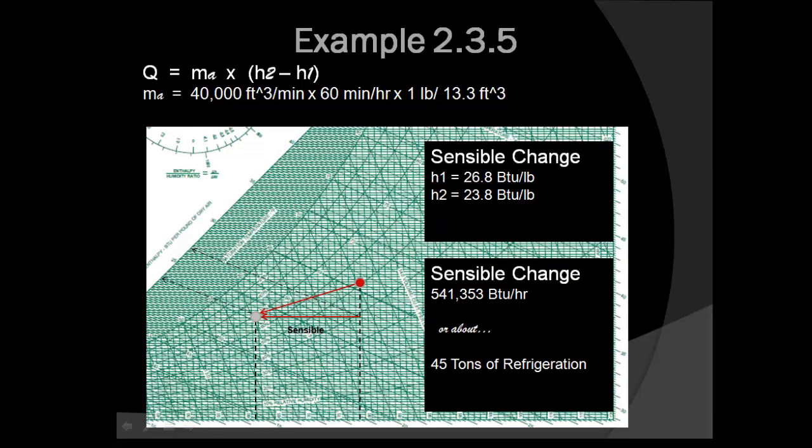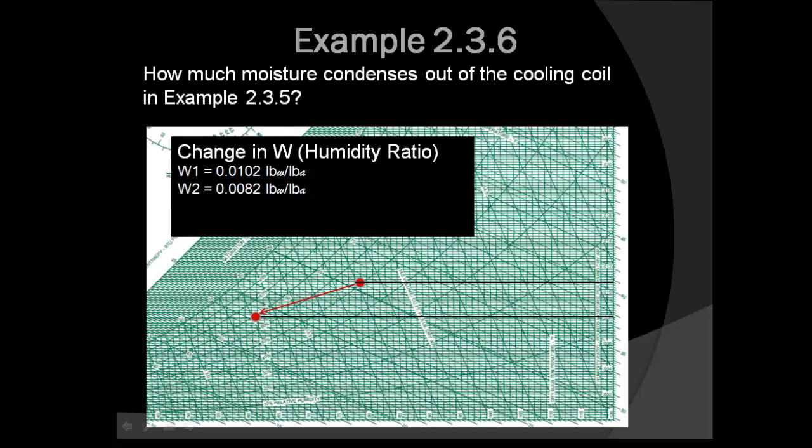Example 2.3.6. For the previous example, how much moisture will condense out of the cooling coil? Well, to determine this, we need to determine the change in moisture content, or humidity ratio, as it goes through this process.